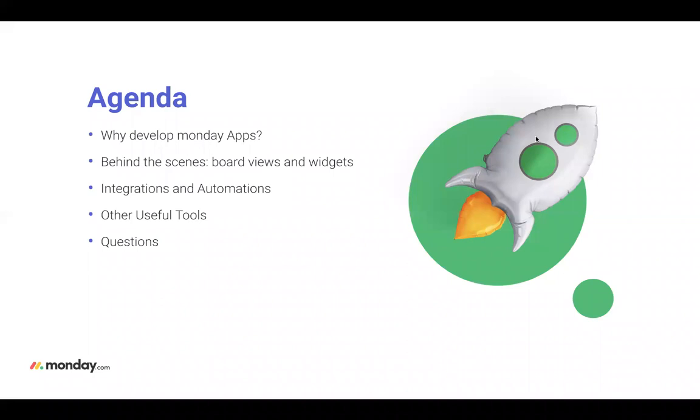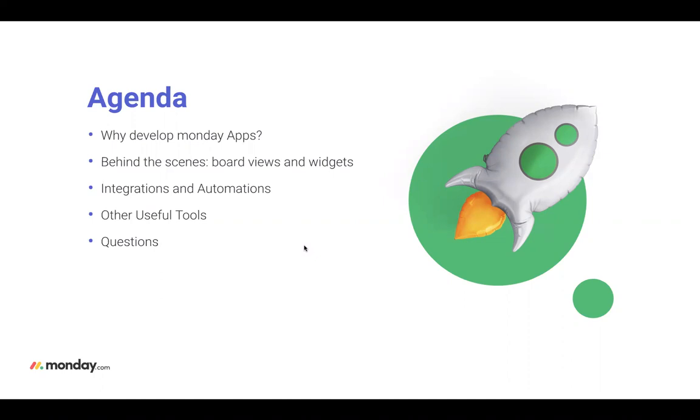So in terms of today's call, you've been staring at this for the last 5 minutes, but I'm going to go through the why. Why would you want to develop monday apps? Why would you want to build on top of the monday.com work OS? I'll then show you a couple of examples of board views, widgets, integrations, and automations that use our apps framework or could be rebuilt with our apps framework.